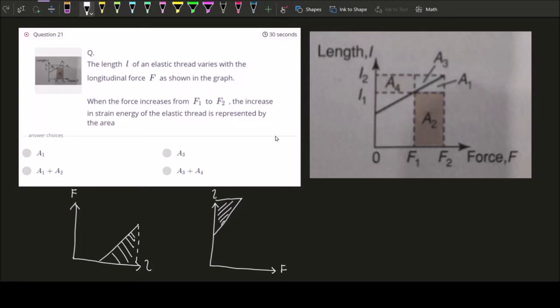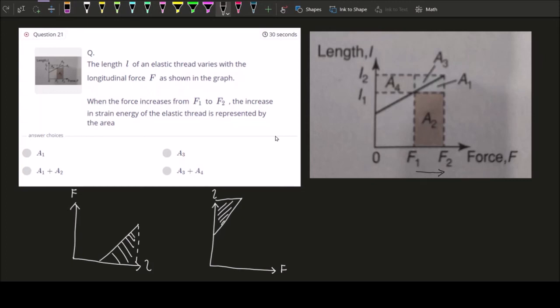So when the force increased from F1 to F2, this is almost the same question. The force increased from F1 to F2, and this graph increased from here to here. So the increase in strain energy of the elastic thread is represented by which area over here?